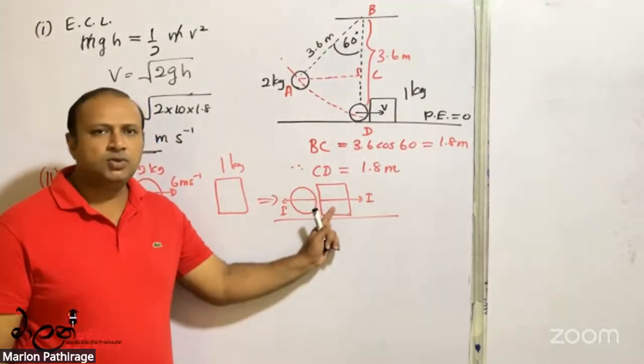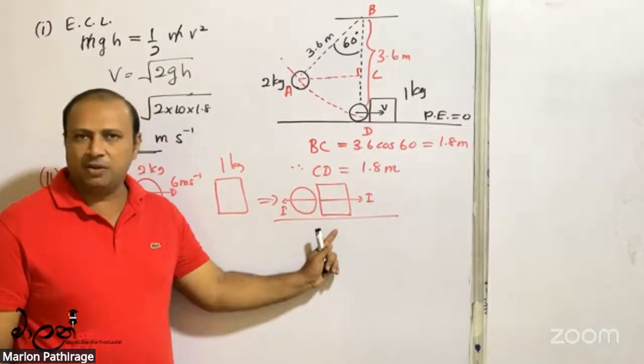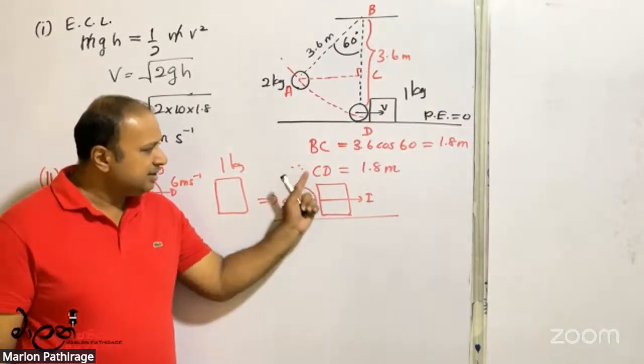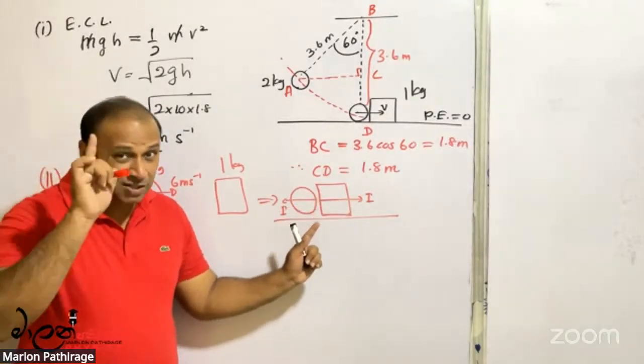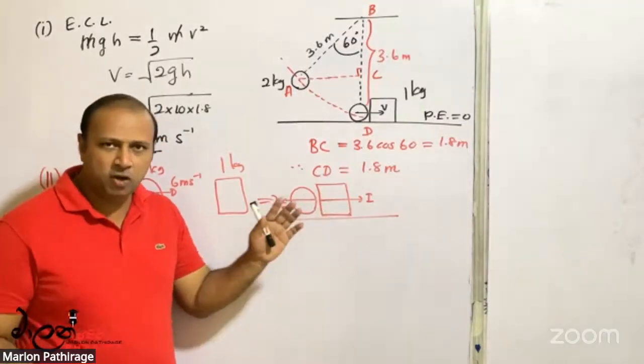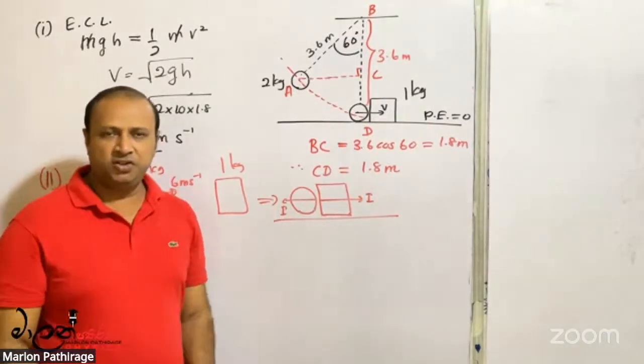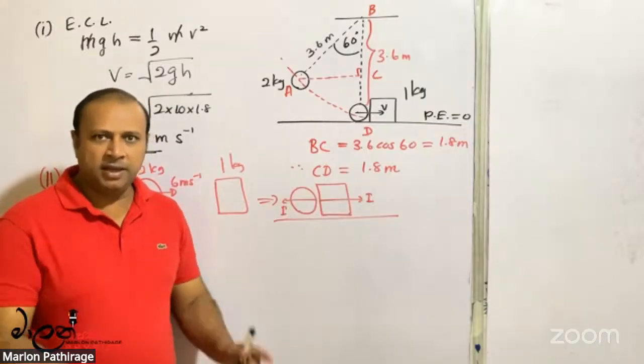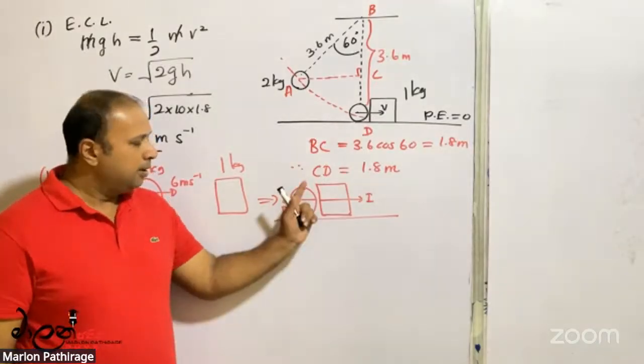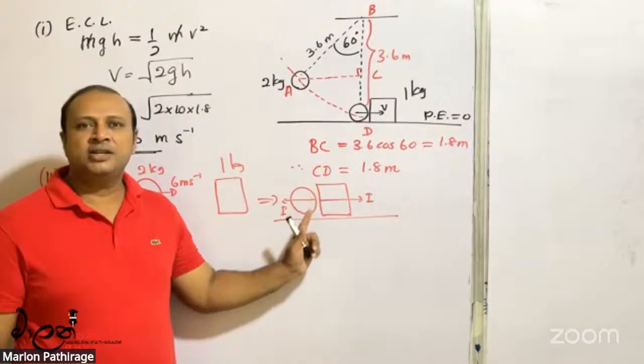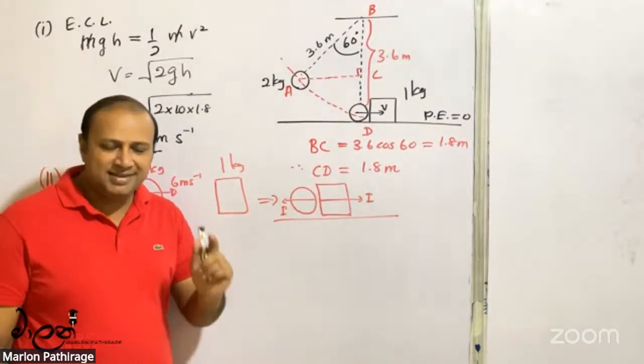Therefore, there is no friction force exerted on this object. As the 1 kg object is in a stationary condition when the collision happens, there is no friction force exerted on it. So that is the reason.